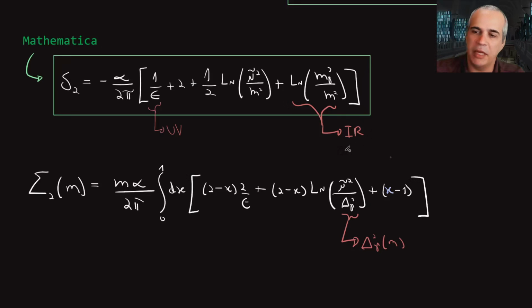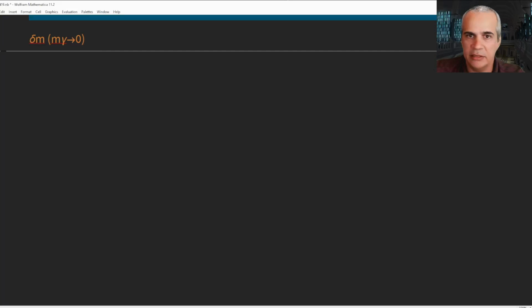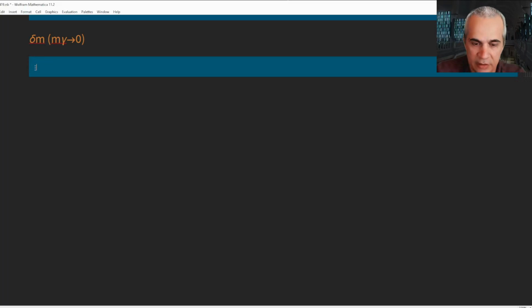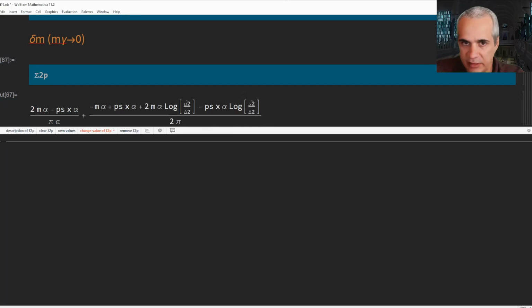So this is the integral I want to do. Again, we save a lot of time by doing this in Mathematica. Let me change to that. Now I have to run that in Mathematica. So let me start by loading up sigma of p slash, that's the integrand.